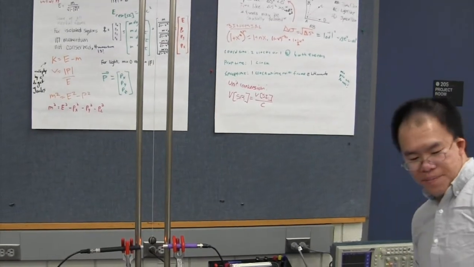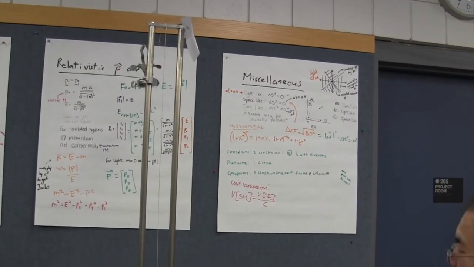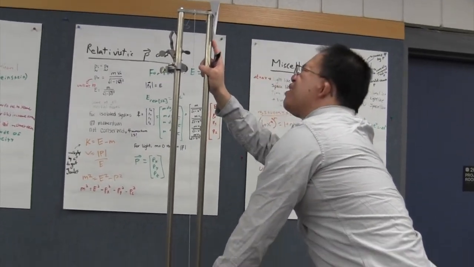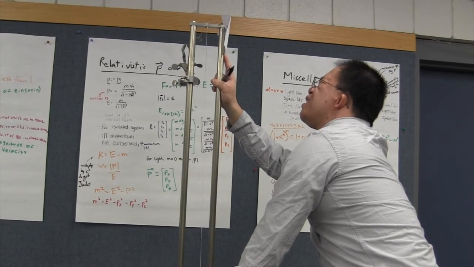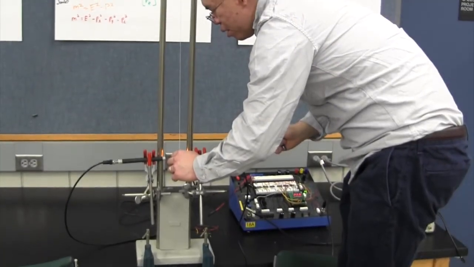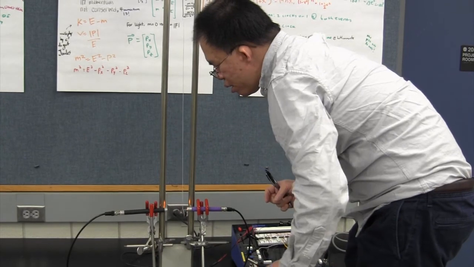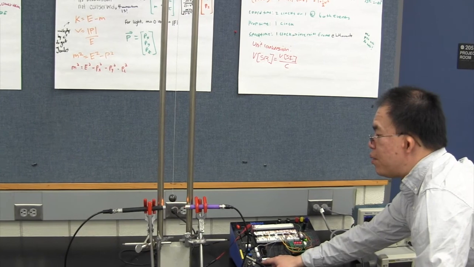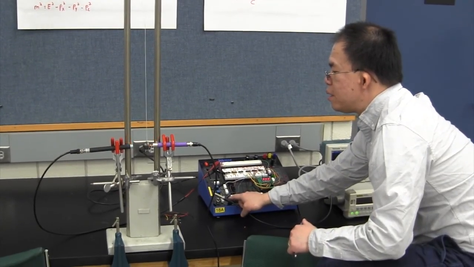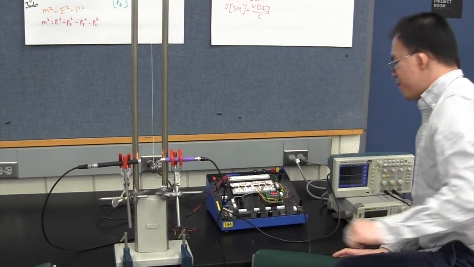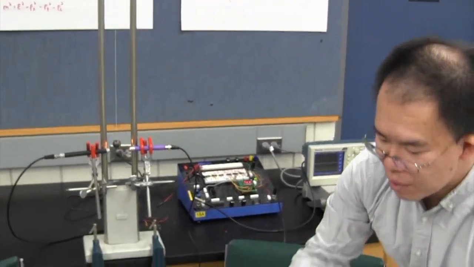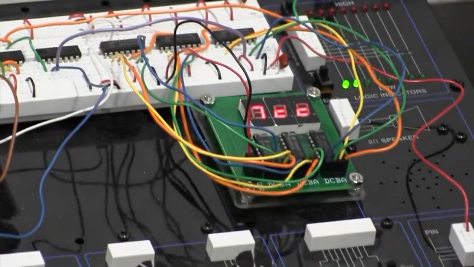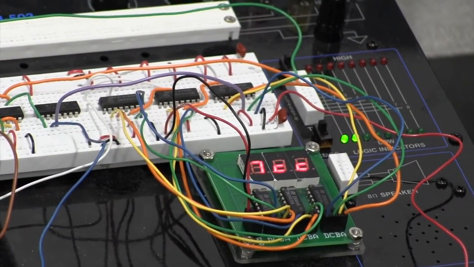I'll clear this here. And let's do this one more time. Okay, and this time we've measured once again 7, A as in alpha, A hex.